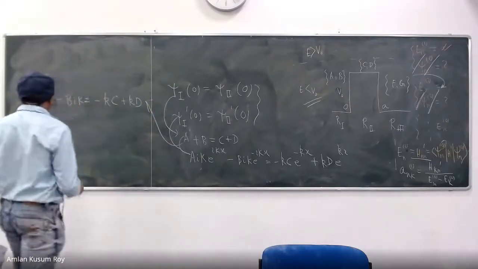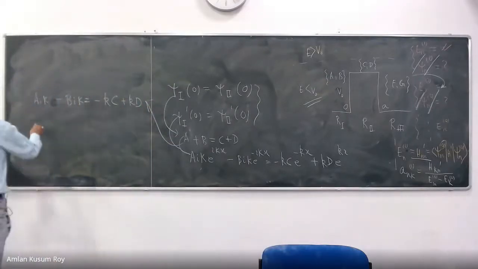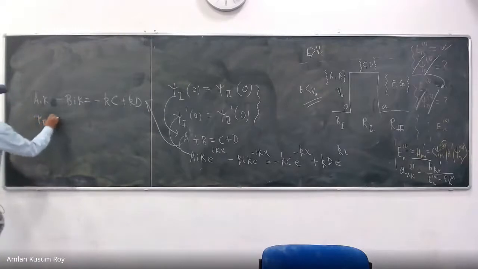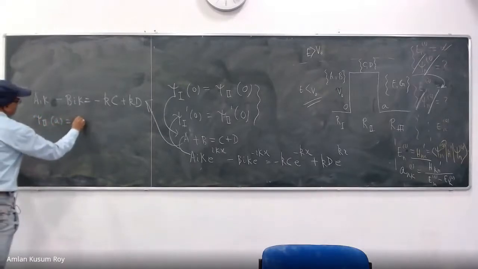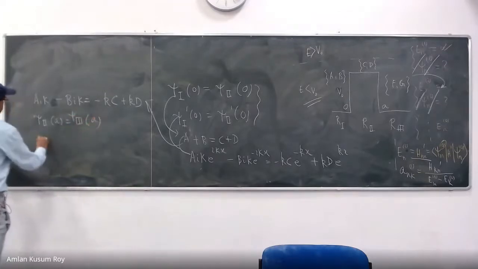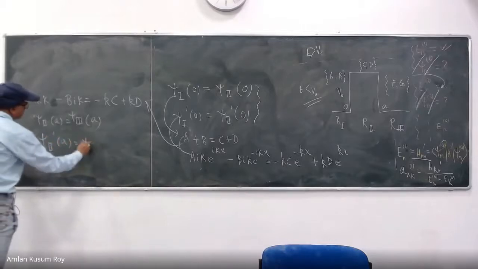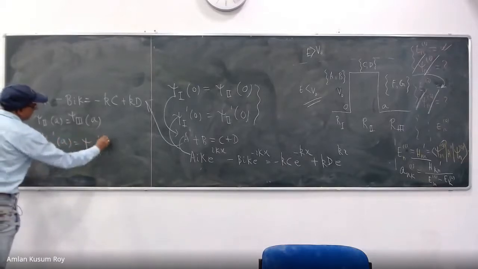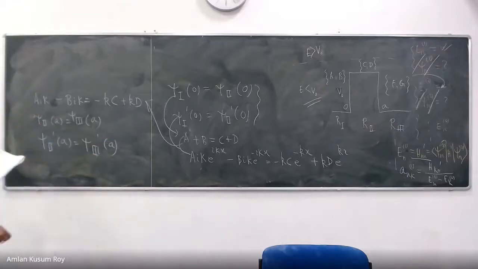You'll get another set of equations from psi 2(a) equal to psi 3(a), and psi 2 prime(a) equal to psi 3 prime(a). That's what we'll do.